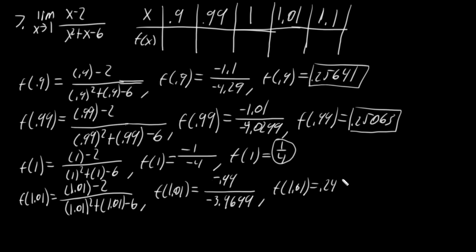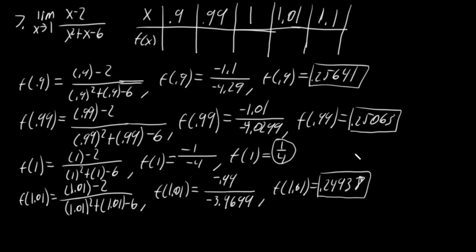So there we go. And if we didn't know that we could put 1 in, this value here in conjunction with this one would have really told us that the answer is 1/4. Because if you look, when we're to the left of it, we're basically at 0.25. When we're to the right of it, we're basically at 0.25.